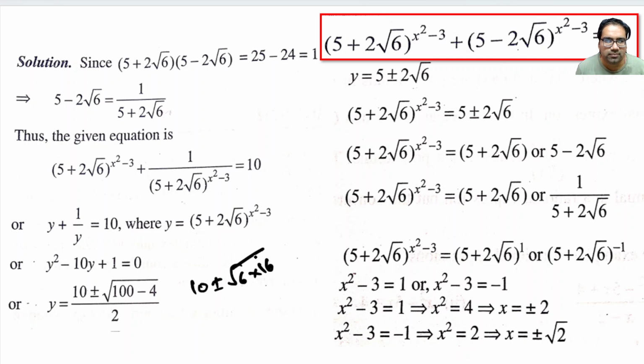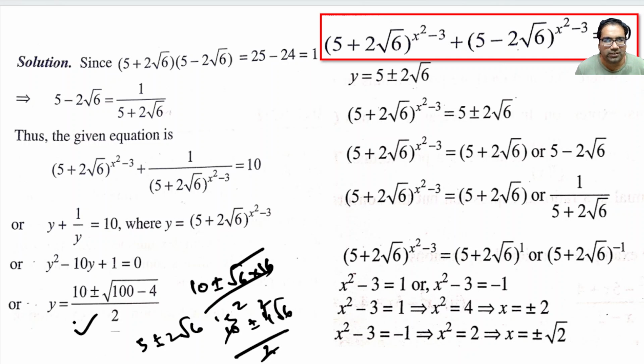So this is 10 plus or minus 4 root 6, whole by 2. The 2 will cancel here and here. This becomes 5 and this becomes 2. That becomes 5 plus or minus 2 root 6. That is our y.